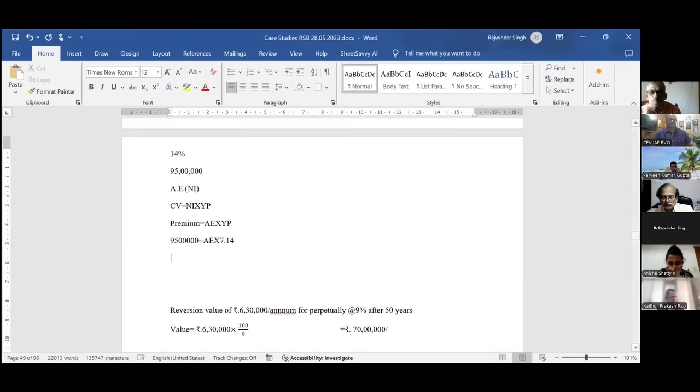So annual equivalent will be 95 lakh divided by 7.14.